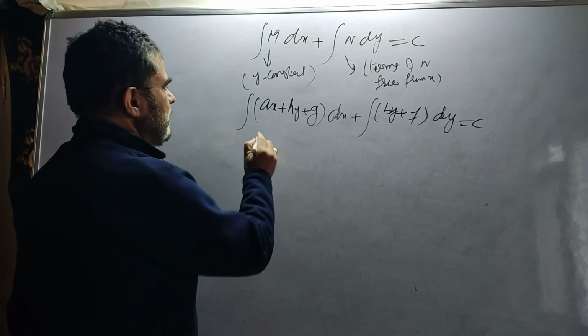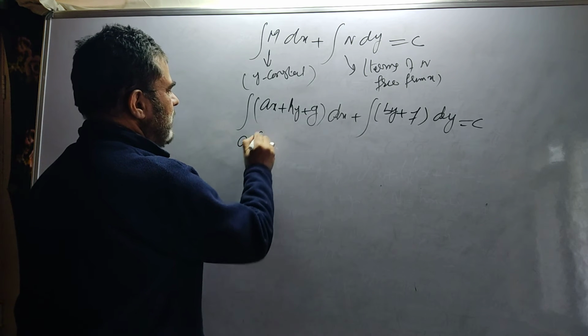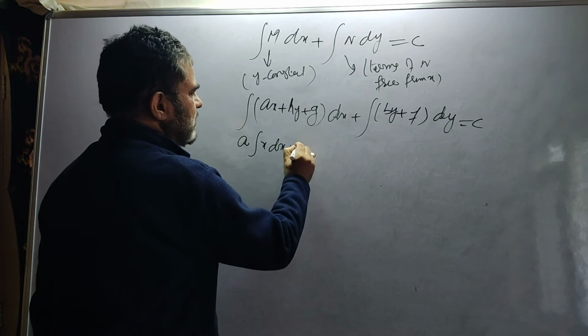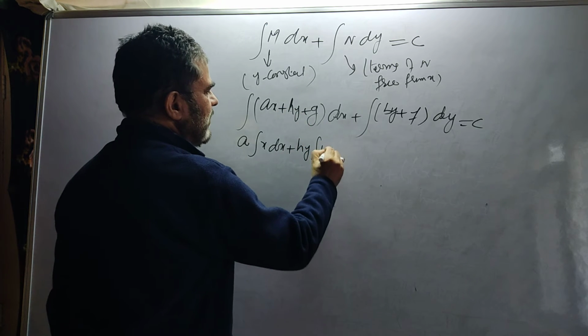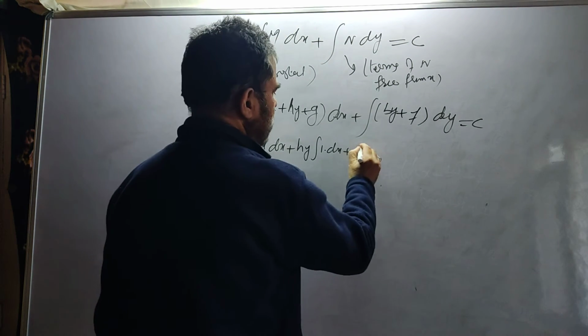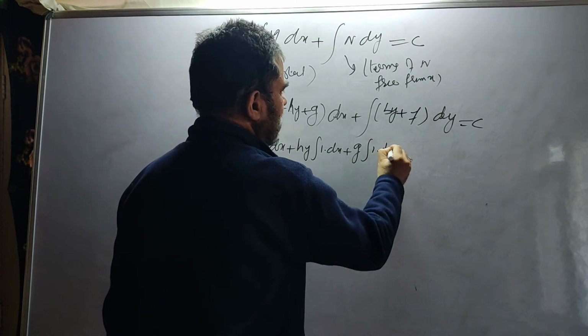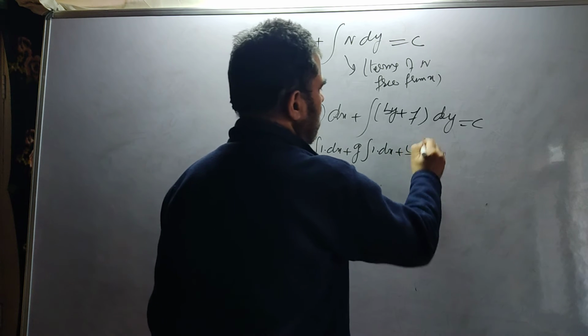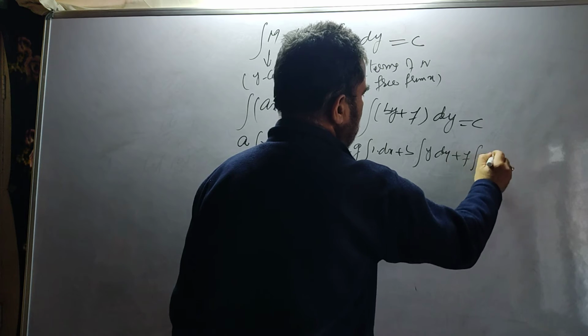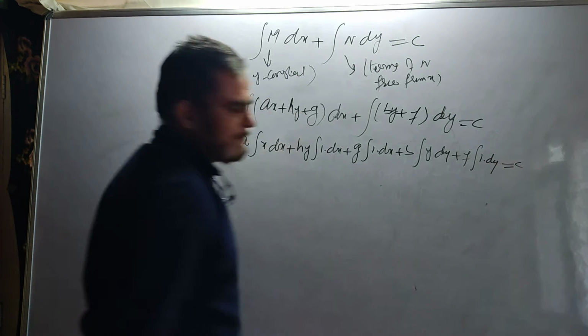The solution will be a integral of x dx, y is constant, h is constant, hy integral of 1 dx. Integral of a sum is sum of integrals, as you know, g integral of 1 dx, plus b integral of y dy, plus f integral of 1 dy is equal to c.